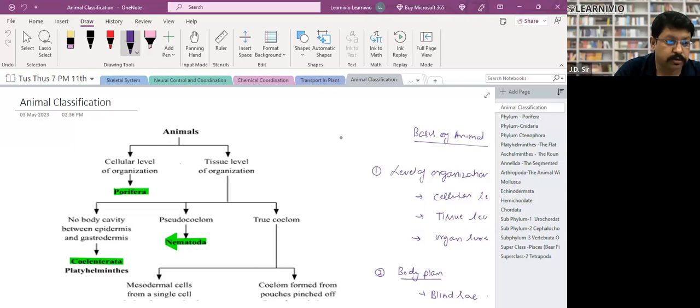And in tissues, there should be interconnections between the cells, right? Please note down.